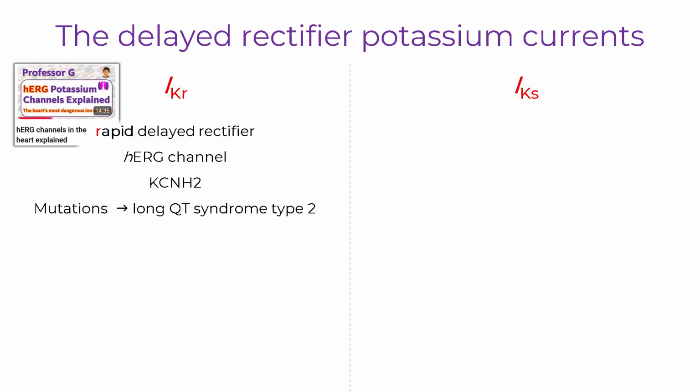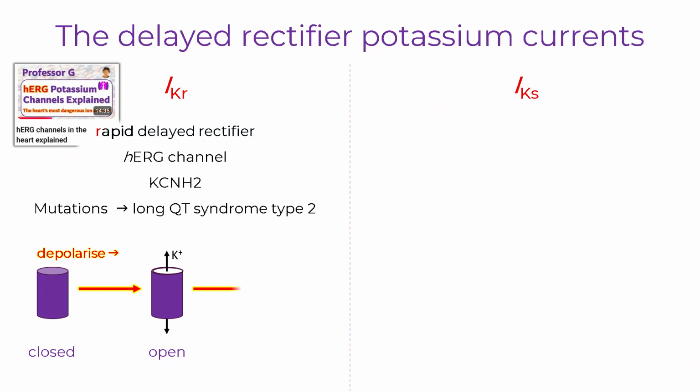When activated by depolarization, ion channels transition from a closed state to an open, then an inactivated state, where they remain open but cannot conduct ions.